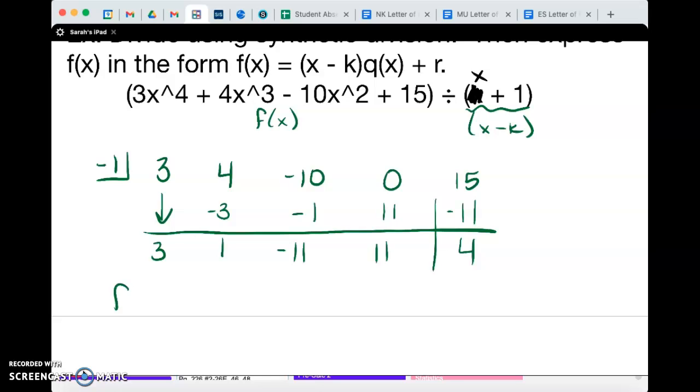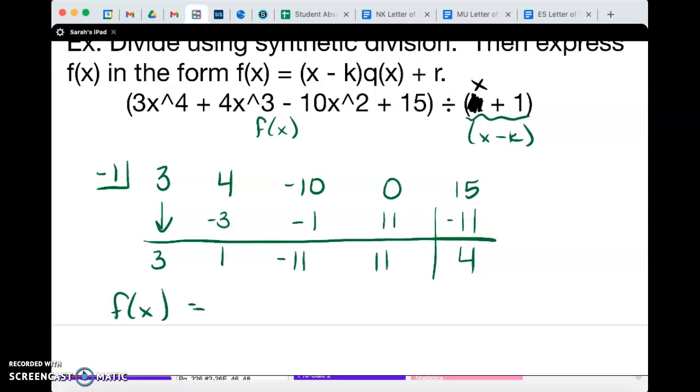So let's just write it out. F of x can now be rewritten. So how would I express this 3, 1, negative 11, and positive 11? How do I express the polynomial that I have left over here?